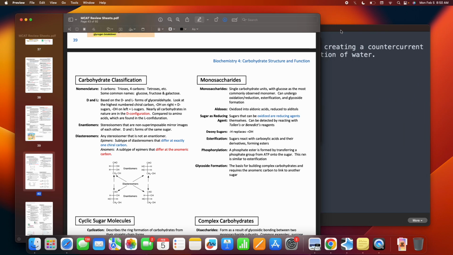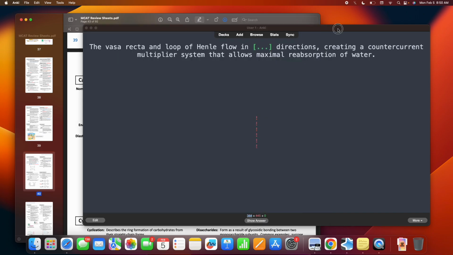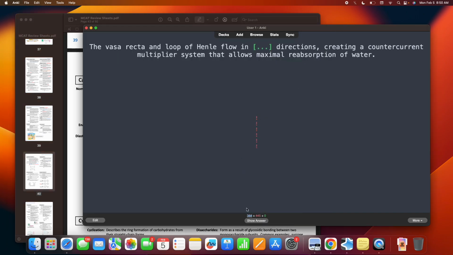For example, we finished the biology chapters. However, there's like 850 or so flashcards just to review, and like 400 of them were duplicates of the ones that we did before.